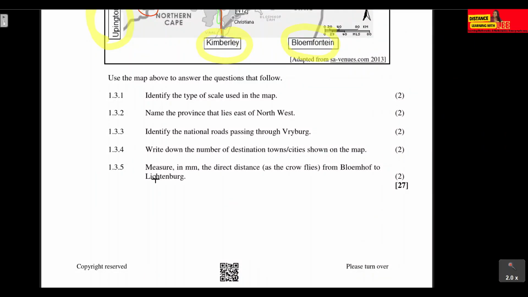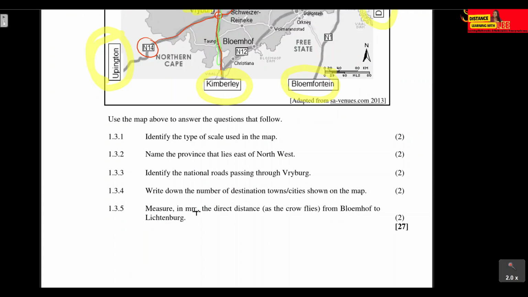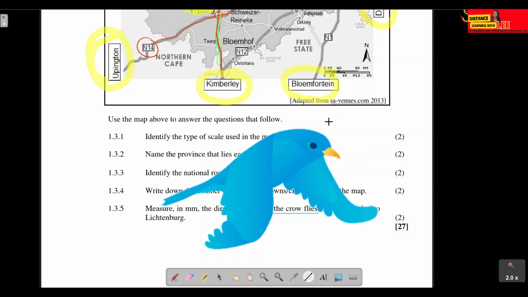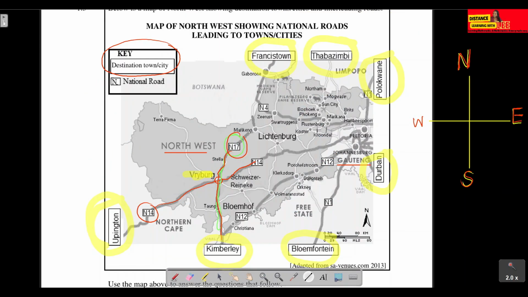Let us have a look at the last question. Question 1.3.5. It says measure in millimeters the direct distance as the crow flies from Blomwolf to Lichtenberg. If you see a question that says as the crow flies, you should understand what this means if you've been watching my video tutorials.